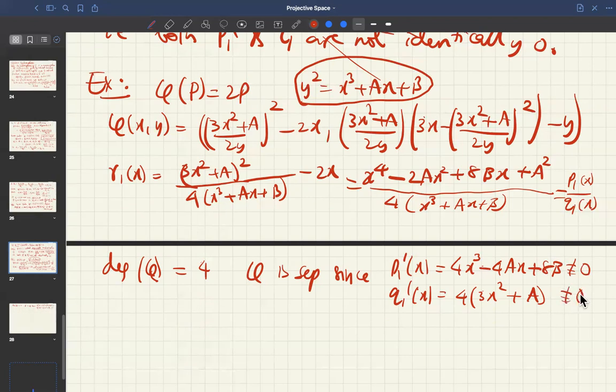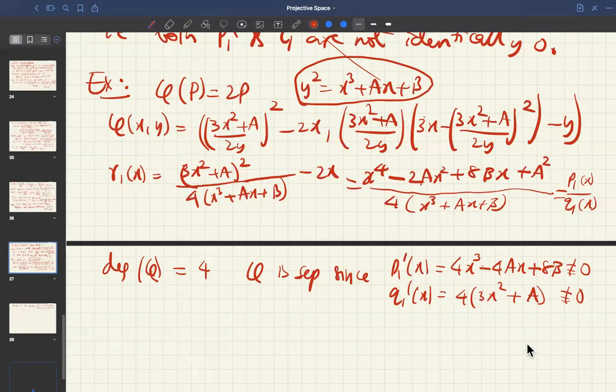The thing is that we have to be a little careful. If the characteristic of the field is 3, then this part will be 0, and if A is 0, Q1 is going to be 0, but then P1 cannot be 0.